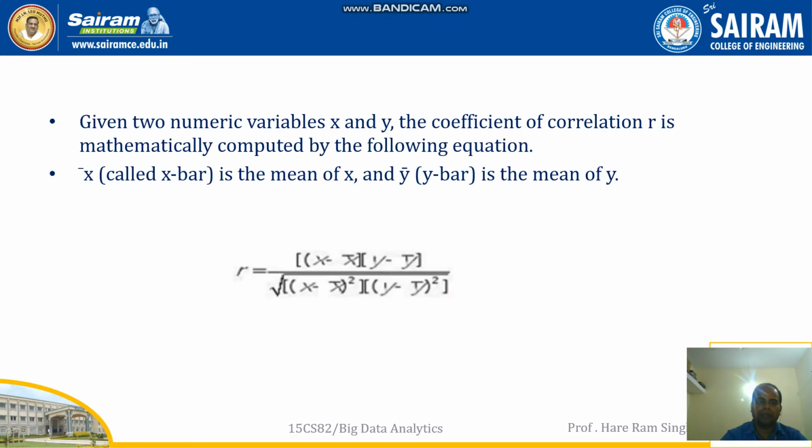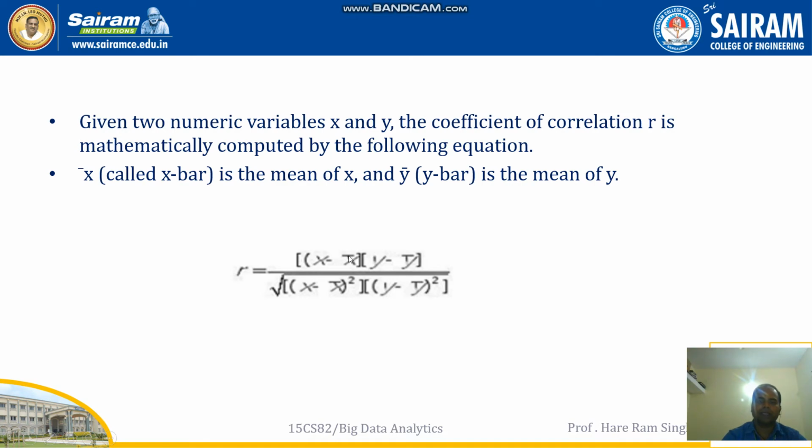So given two numerical variables, this is the formula to find the coefficient of correlation, that is small r: sigma of x minus x bar into y minus y bar, divided by the square root of x minus x bar squared into y minus y bar squared.